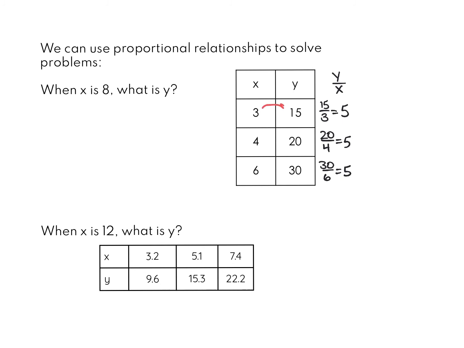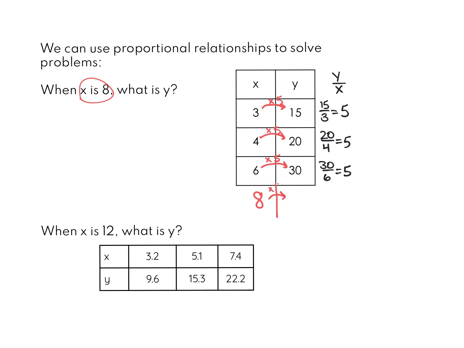Alternatively, we can say that 3 times 5 is 15. We call this number the constant of proportionality. And 4 times 5 is 20. 6 times 5 is 30. So if we just want to extend this table here, think about 8. It's saying when x is 8, what is y going to be?